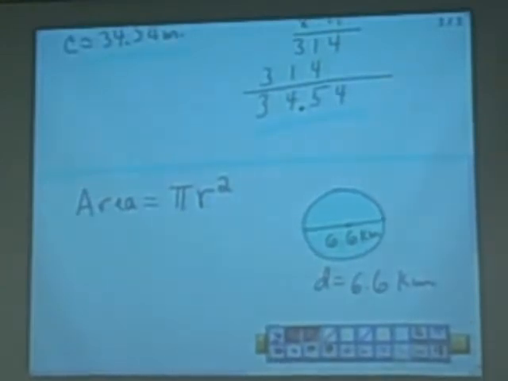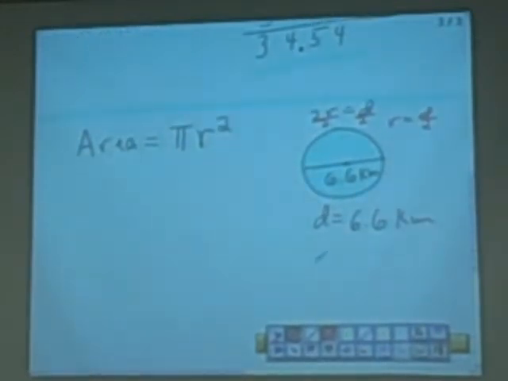So radius, diameter is equal to twice the radius, 2 times the radius, right? So if we divide both sides by 2, we get radius equals the diameter divided by 2.